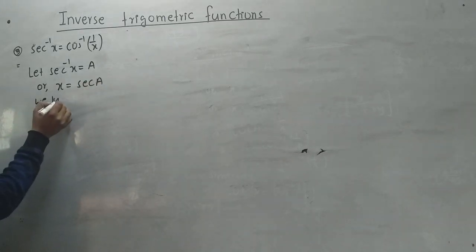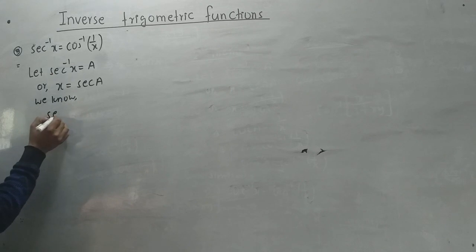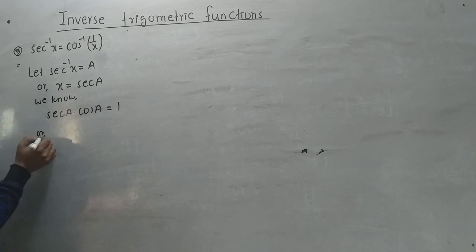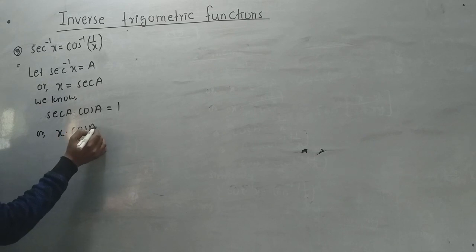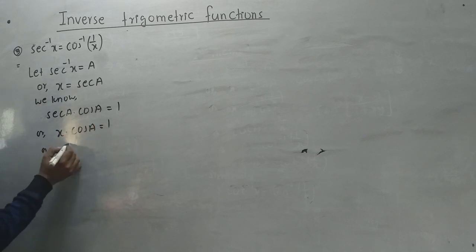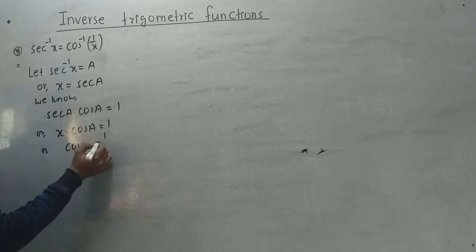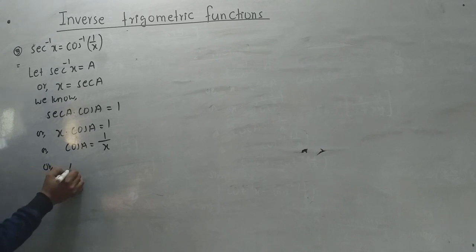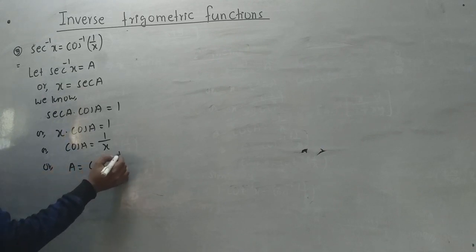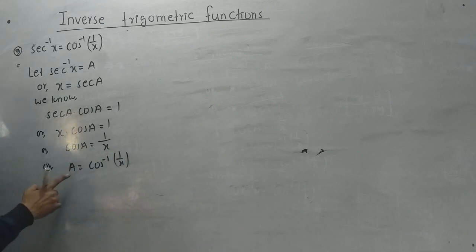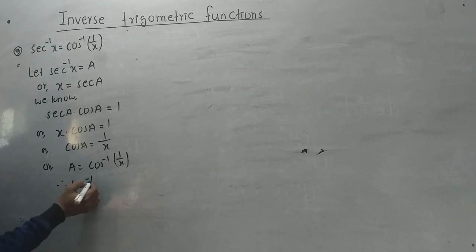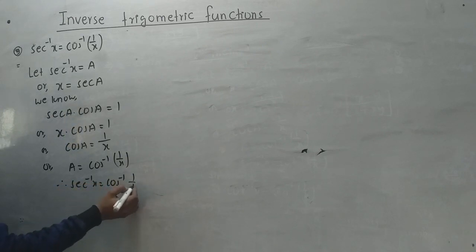We know sec a into cos a, the result is 1, or for sec a you can replace that by x times cos a, that is equal to 1, or cos a equals 1 by x. Now you leave this a in the left hand side, or a equals cos inverse 1 by x. Now what is the original replacement for angle a here? Sec inverse x. So sec inverse x equals cos inverse 1 by x.